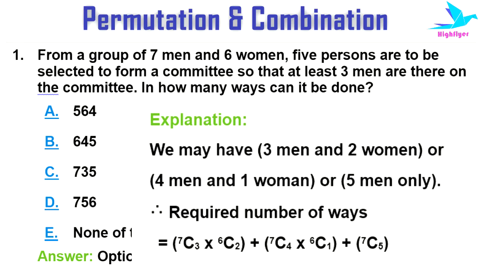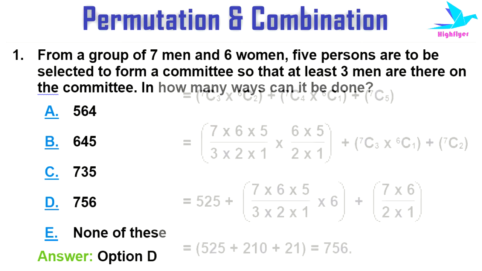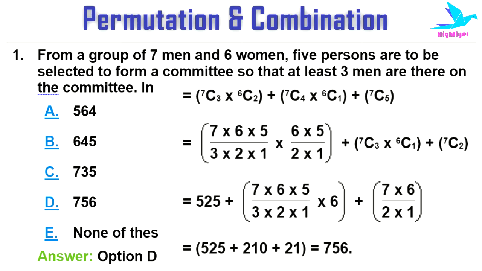So the required number of ways are 7 combination 3 into 6 combination 2 plus 7 combination 4 into 6 combination 1 plus 7 combination 5, where 7 combination 3 represents 3 men from the group, 6 combination 2 represents 2 women from the group, 7 combination 4 represents 4 men from the group, 6 combination 1 represents 1 woman from the group, and 7 combination 5 represents 5 men from the group. Now straight away, putting the formulas, we are getting the answer as 756.